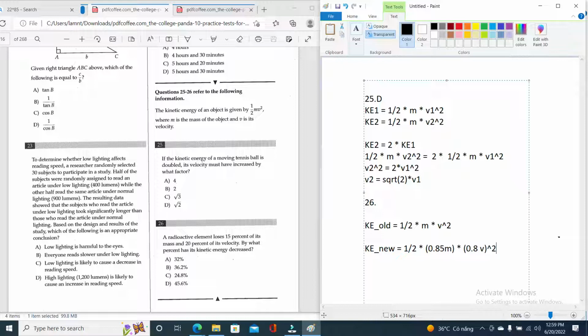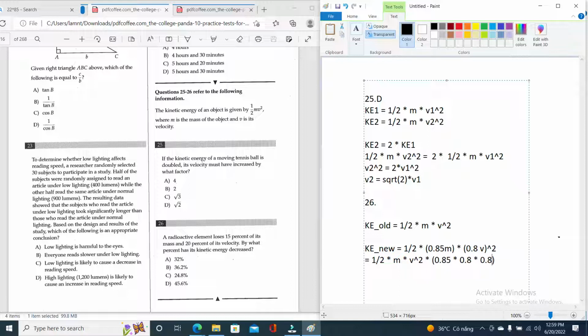Okay, so this 1/2 we're going to keep constant. We're still going to keep m times v squared, and this has to be multiplied by the factor of 0.85 times 0.8 times 0.8.